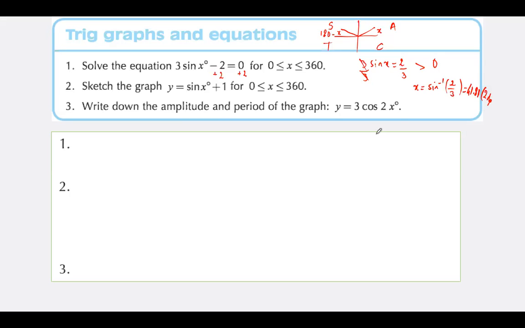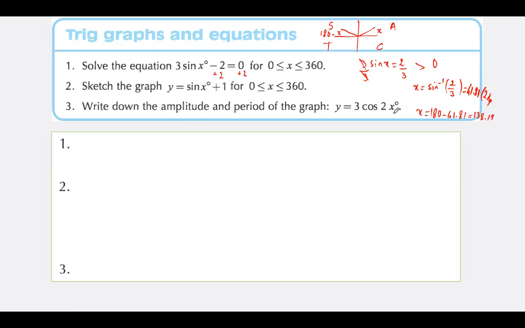And then the second one is just x is 180 take away that, which is 138.19.